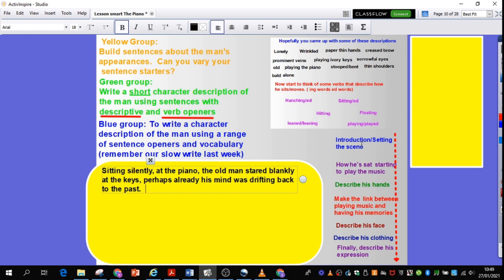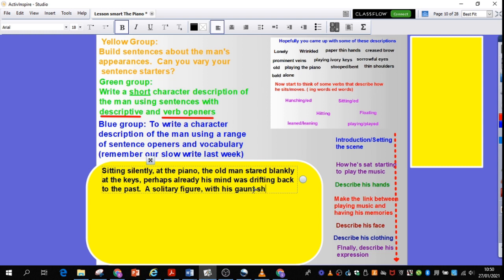So now I've done my verb opener, I'm going to do a description now to start it off. So I'm going to describe how he sat. Or he was sat alone. So another word for alone is solitary. So a solitary figure with his gaunt shoulders. I'm using this thin shoulders.